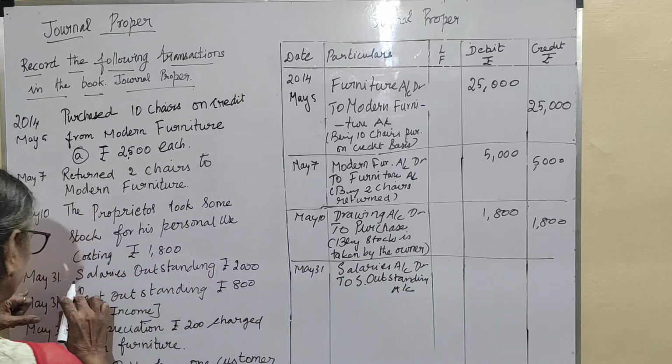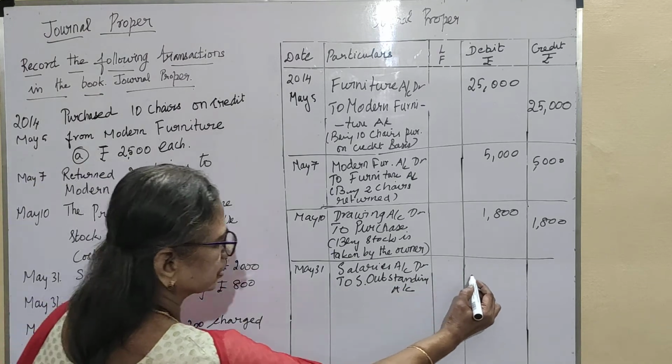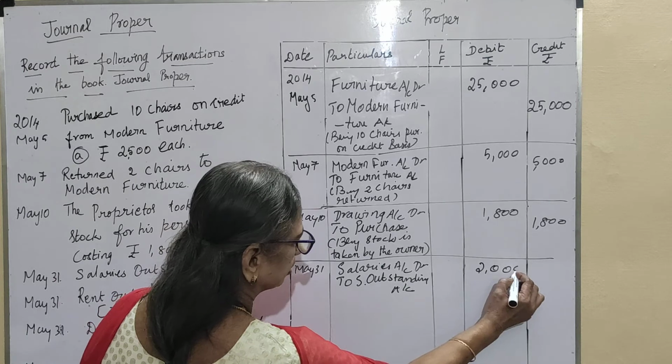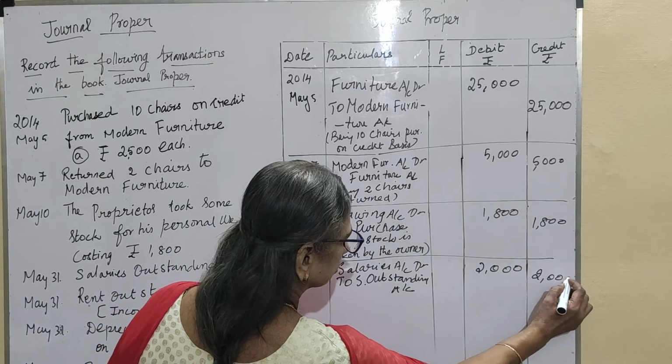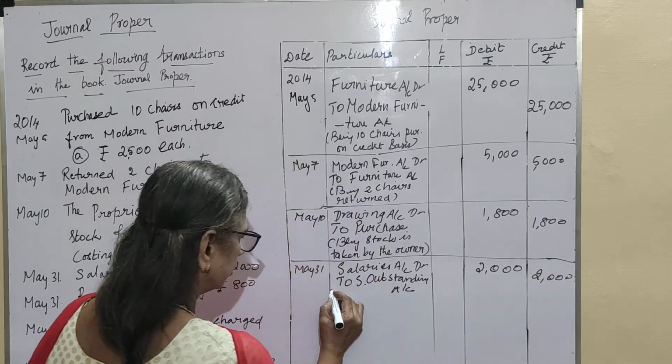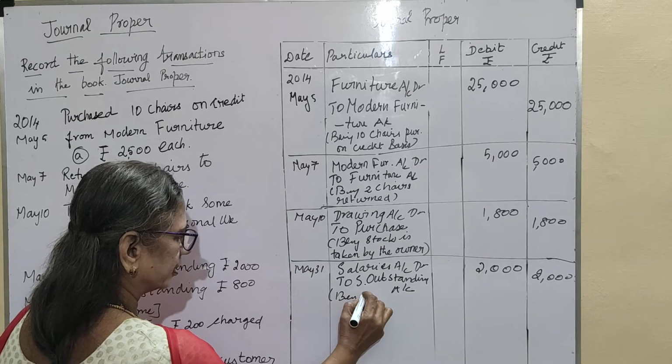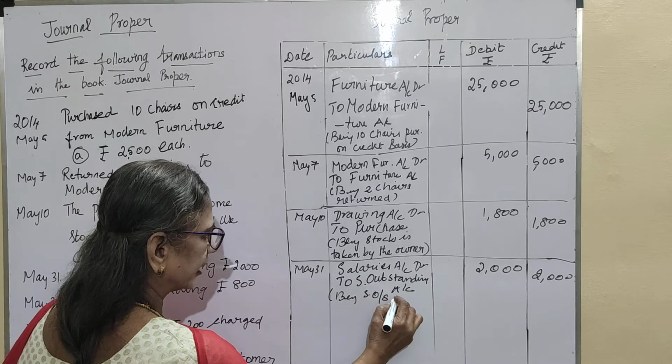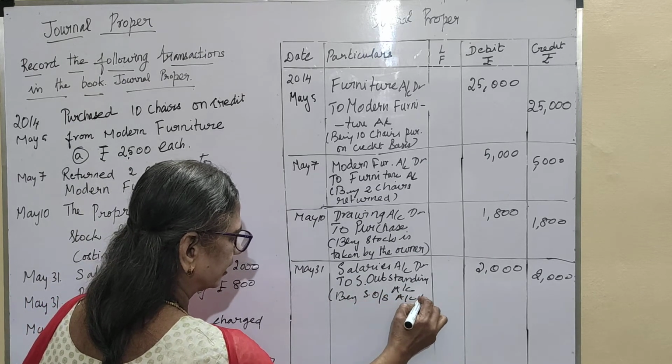Salaries outstanding account, how much? 2,000 rupees. Being salaries outstanding account is credited.